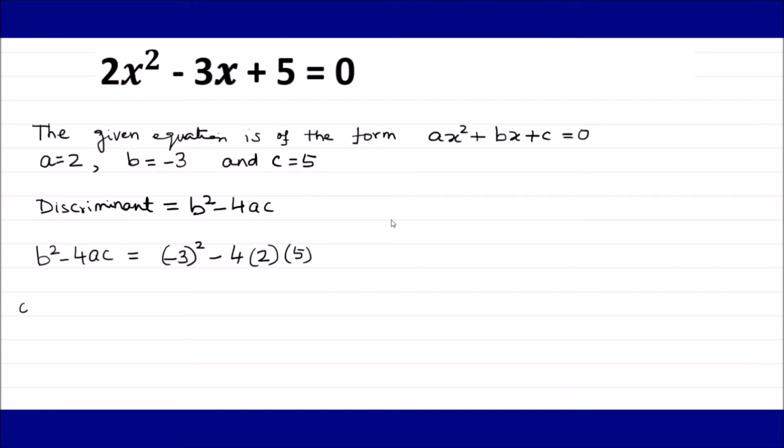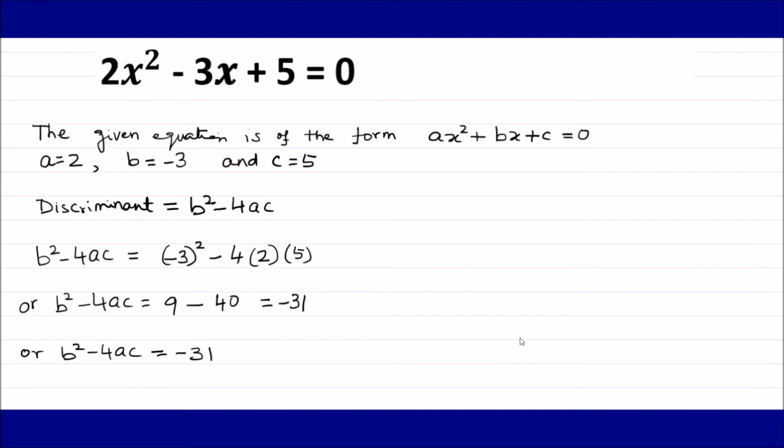That is (−3) into (−3), 3 threes are 9, minus 4 into 2 into 5, 8 fives are 40. So I'm getting 9 minus 40, that is equal to minus 31. What we got is b² − 4ac equal to minus 31.